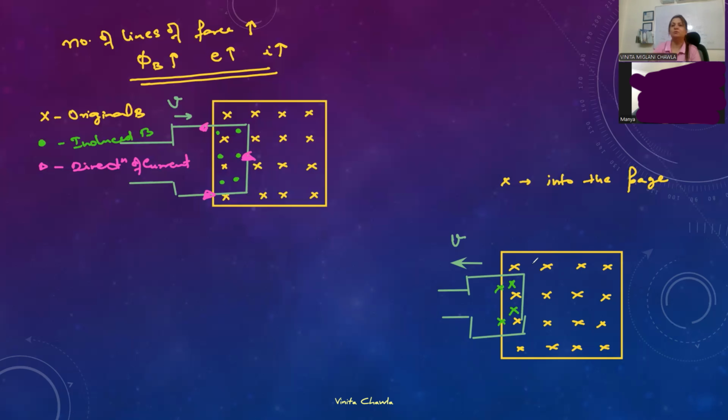So what should be the direction of current? How will the current flow? Into the page, right? Use the right hand coil rule. It's clockwise.